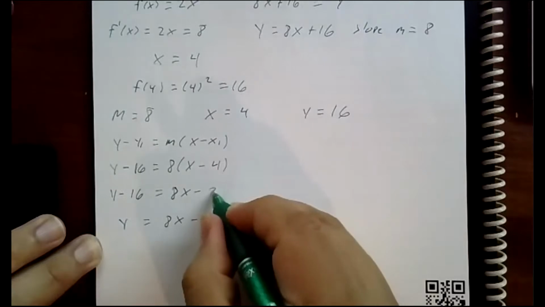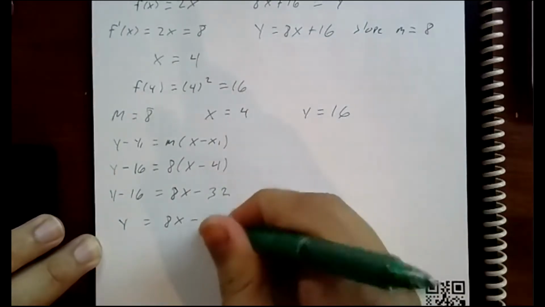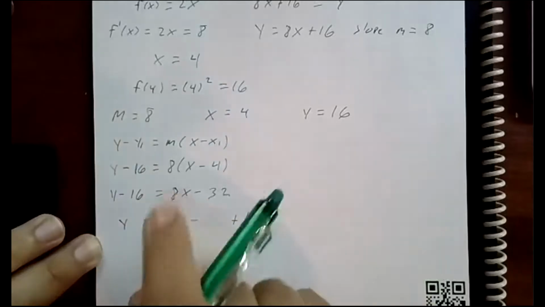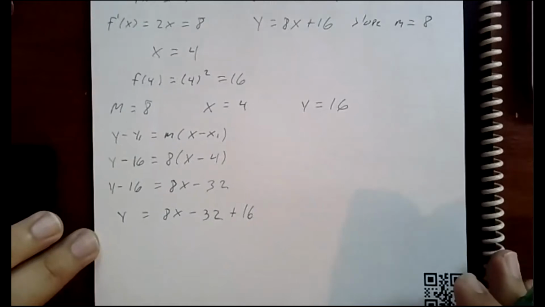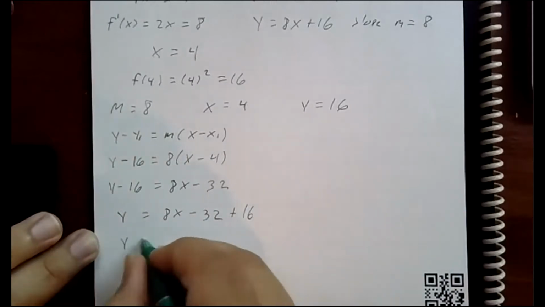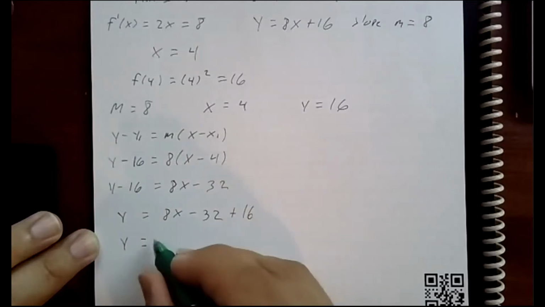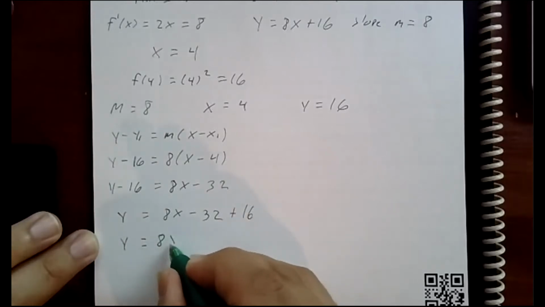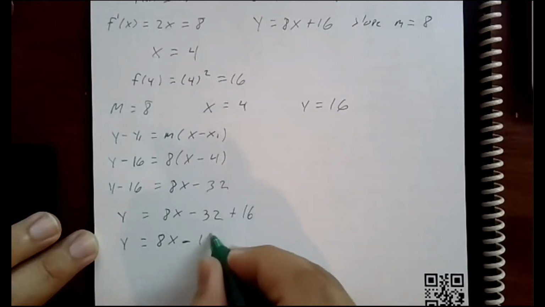There we go. 32. So 8x, so negative 32 plus 16 is negative 16.